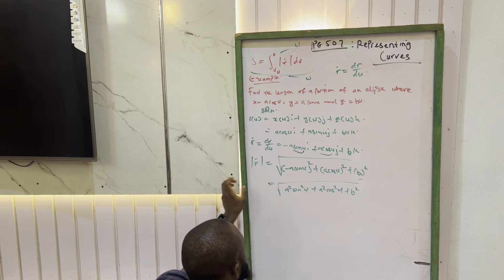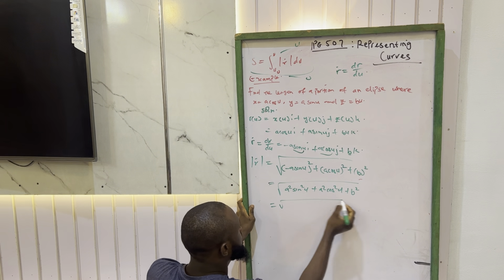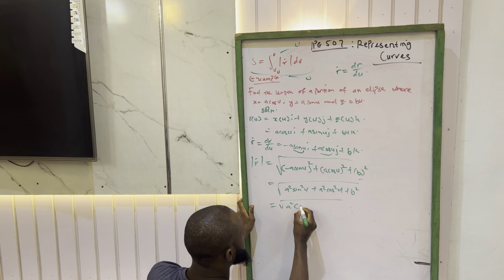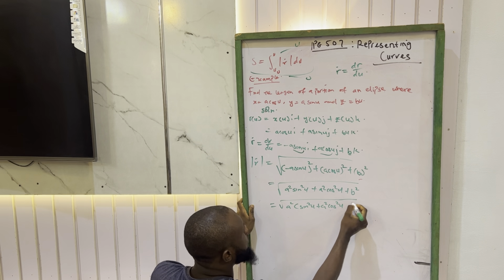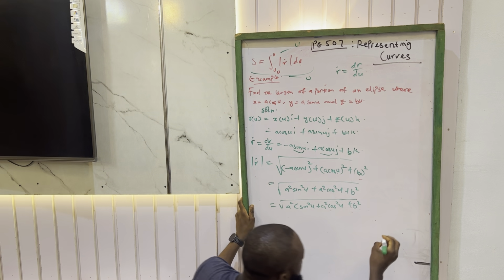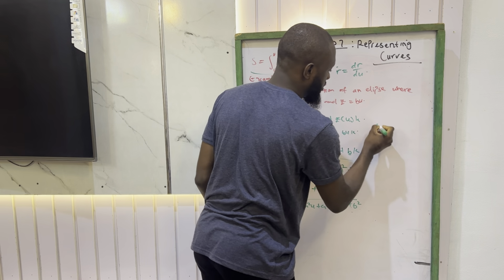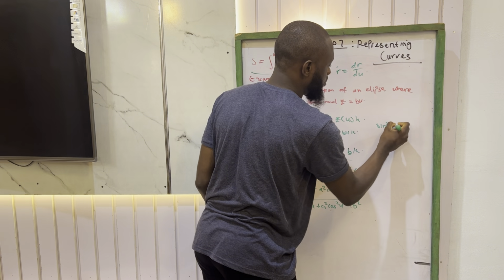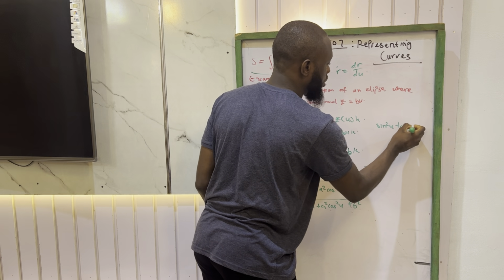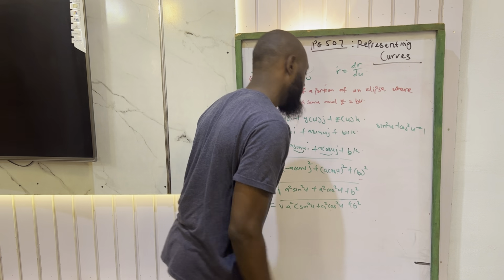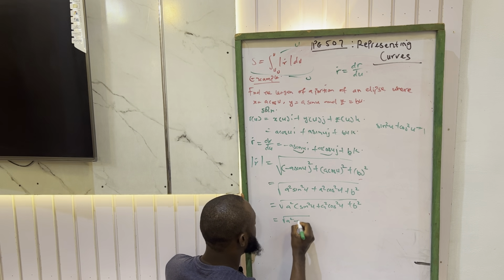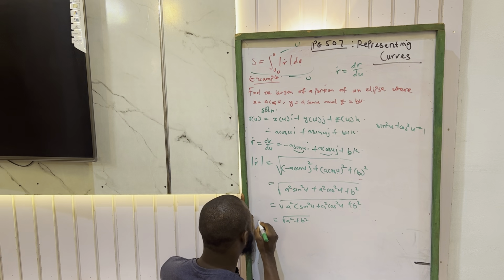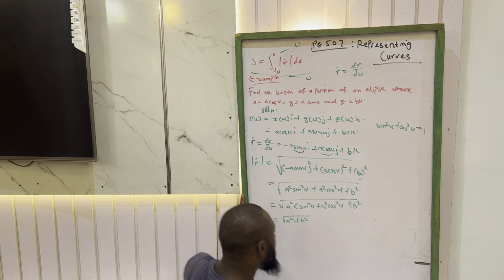So we have a squared open bracket sin squared u plus cos squared u, then plus b squared. Recall that sin squared u plus cos squared u will give us what? 1. Such that we now have the square root of a squared plus b squared. So that's the value of the magnitude of r dot.